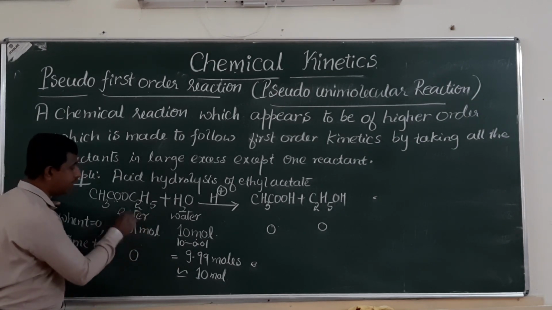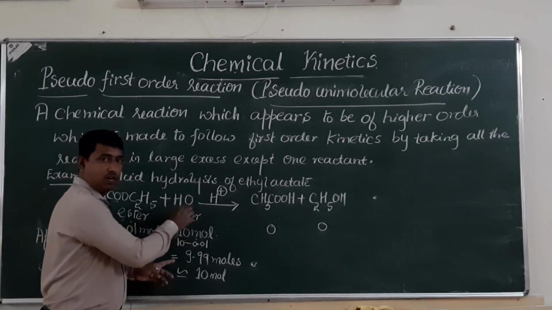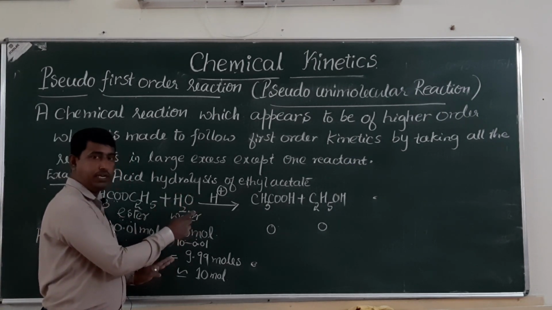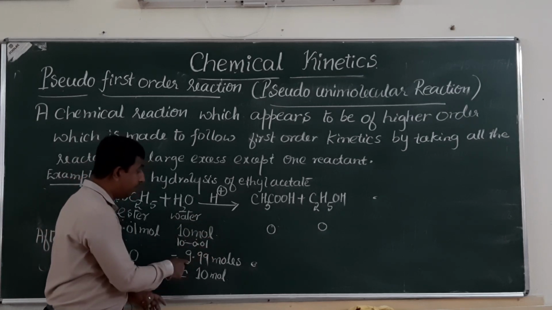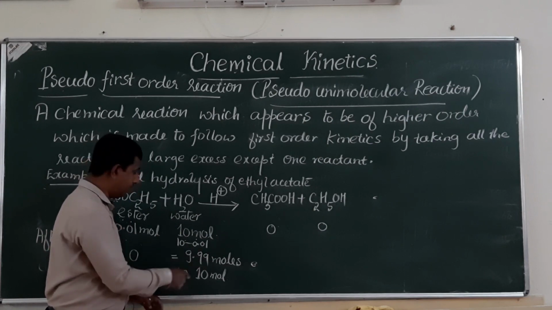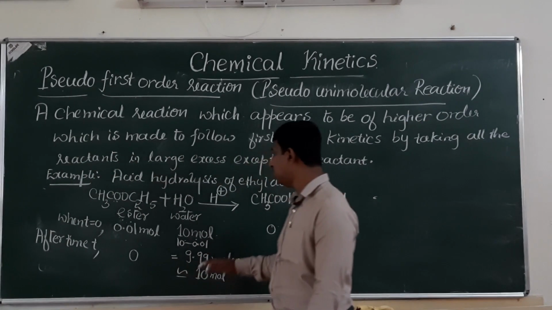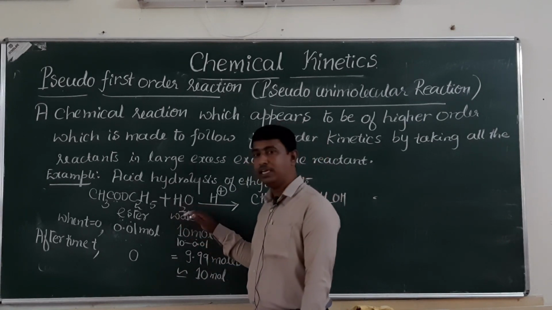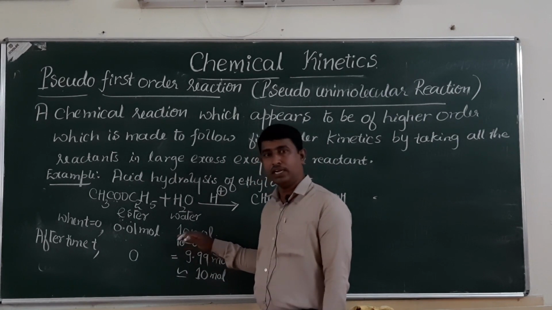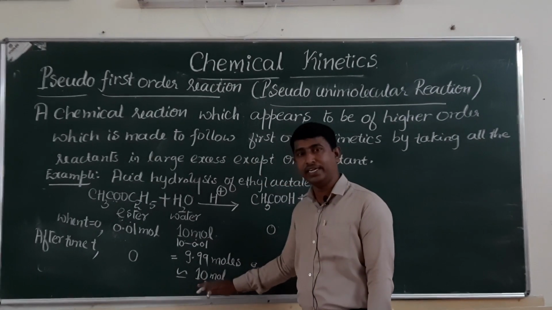If the reacted amount of ester is 0.01, then the reacted amount of water will be the same, 0.01. Out of 10, 0.01 mole will react, and the remaining amount is 9.99, or nearly 10 only. So after the completion of the reaction, there is no change in the concentration of water. In the beginning, concentration of water is 10 mole. Even after the completion, its concentration is nearly 10 only.